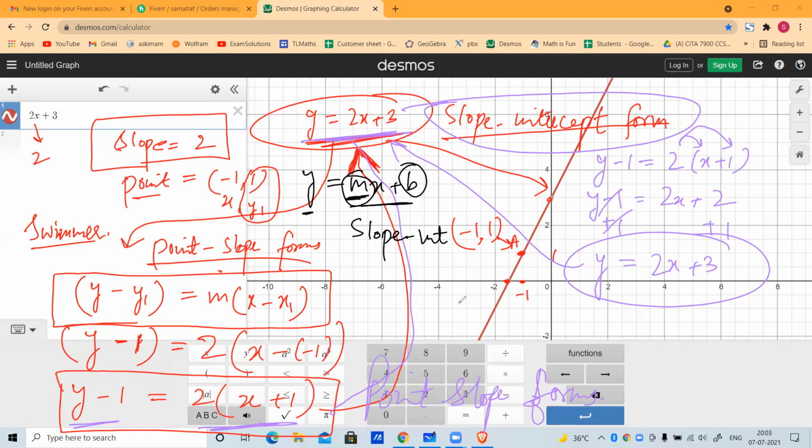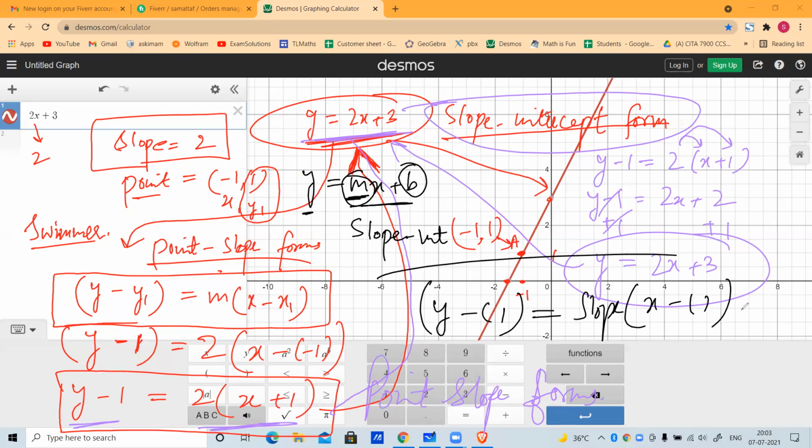And if you have the equation as y minus some number is equal to slope times x minus some number, this form will be point slope form.